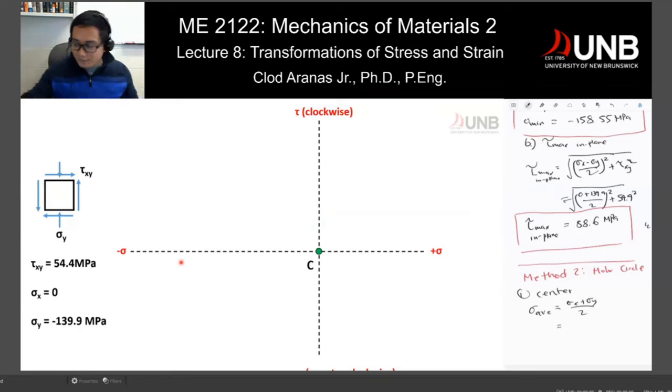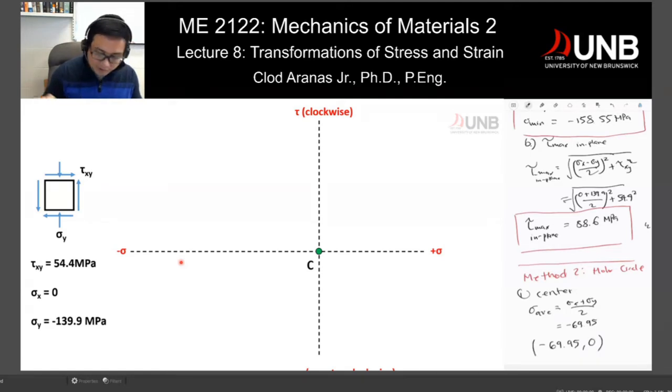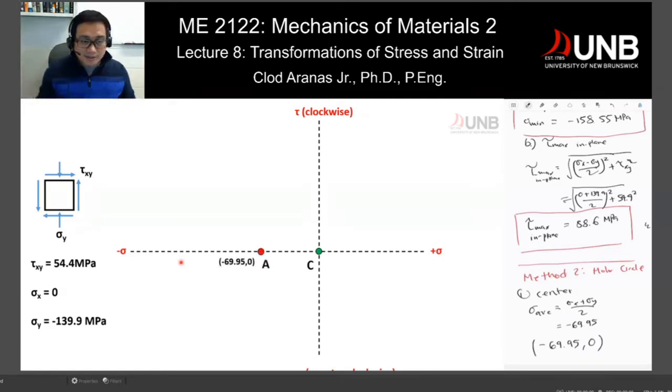So you have 0 and negative 139.9, and that would give you negative 69.95. If you're going to draw the center of the circle, it would be negative 69.95 and 0. That would be the point in your coordinate system, and that would be this point right here. So it's on the negative axis.